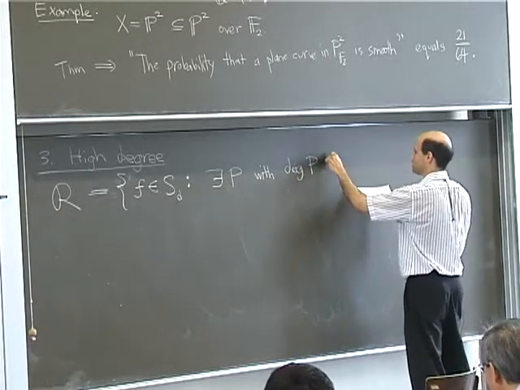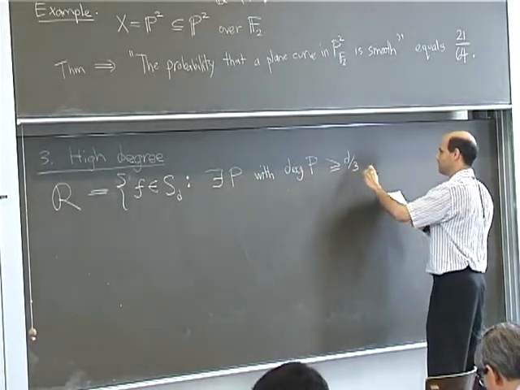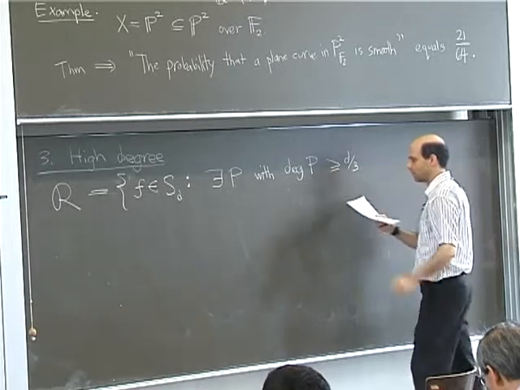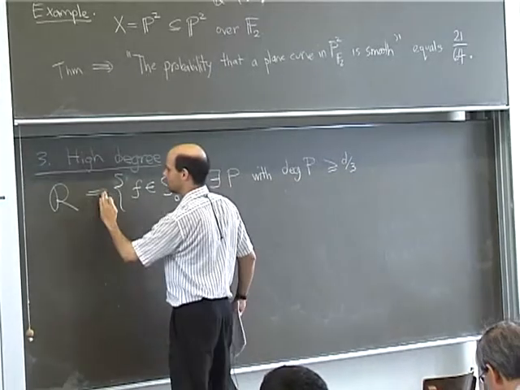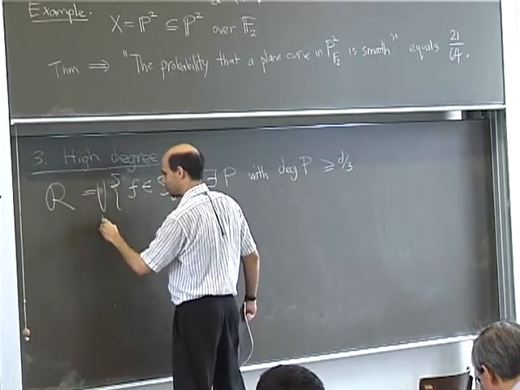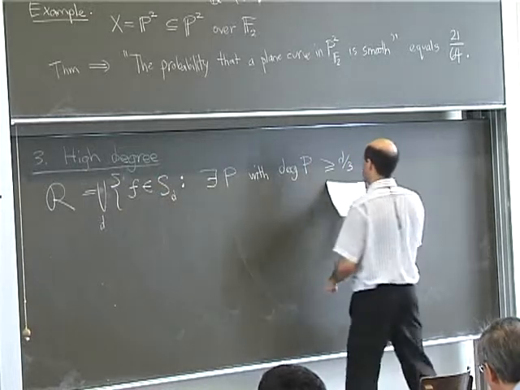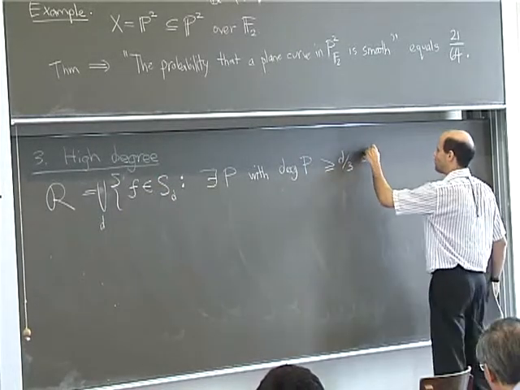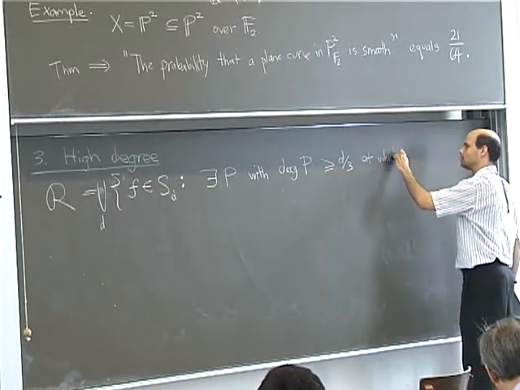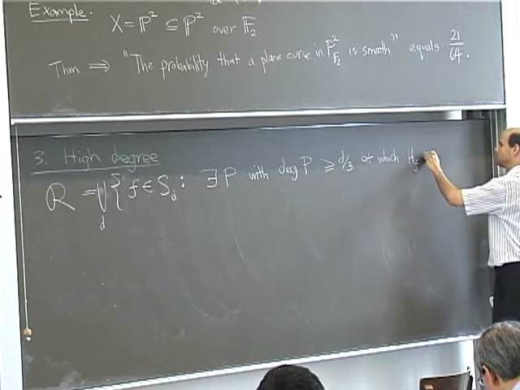High degree means at least D over 3. So I should take a union over D again, of the f's at which h of f is not smooth.